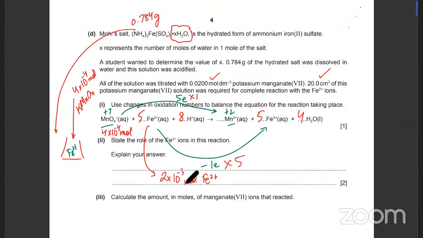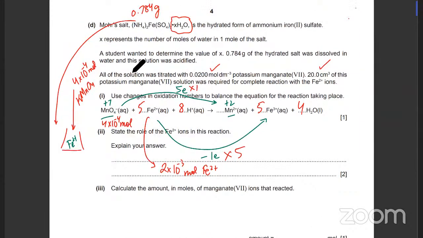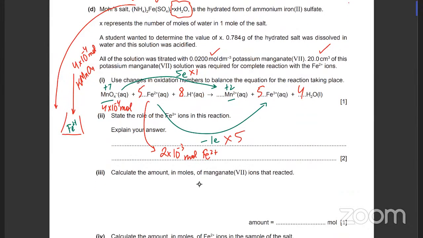Where are you getting all this Fe2+? You're getting it from the Mohr's salt. So what is the ratio of the Mohr's salt to the Fe2+ produced? When you dissolve this in water, the solution has 2 times 10 to the power minus 3 moles of Fe2+.